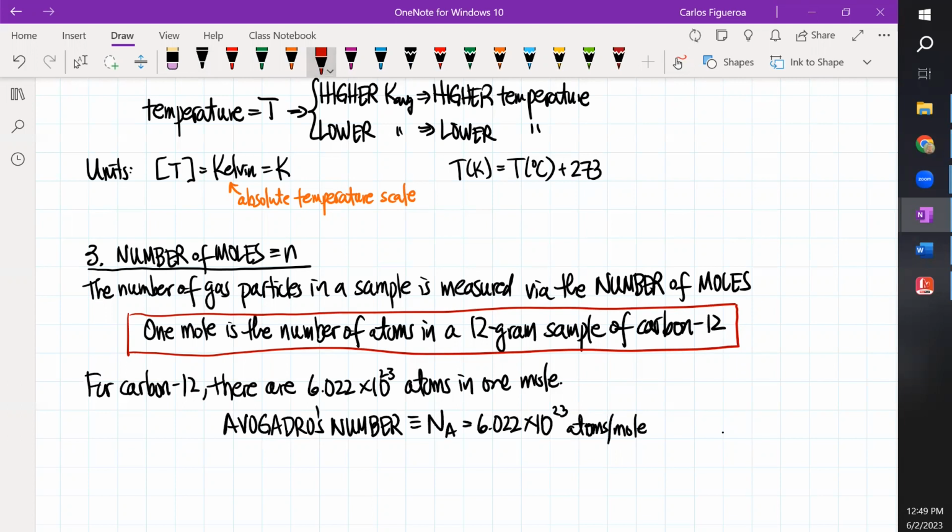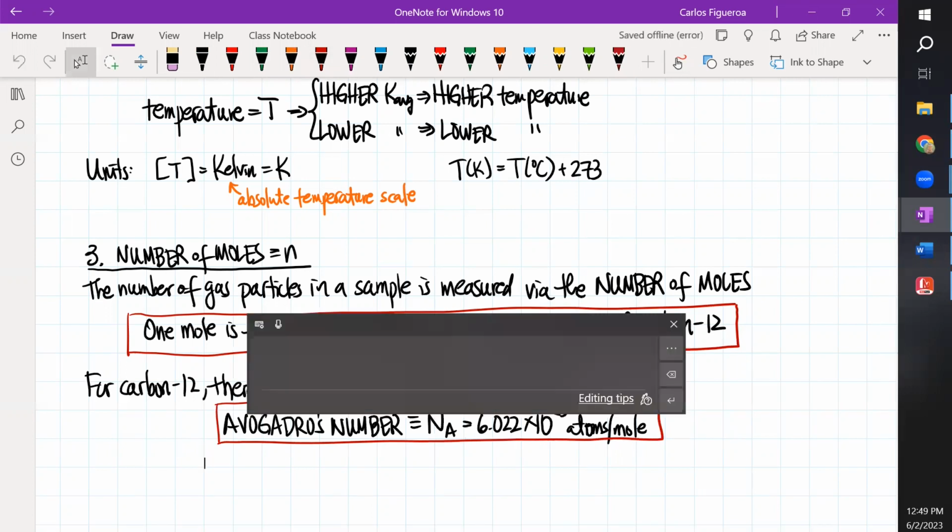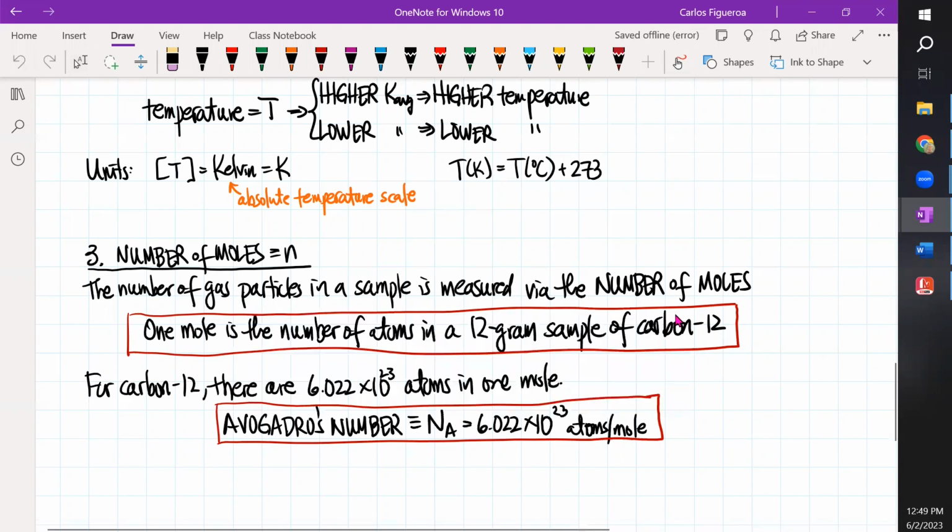So this number will continue to pop out while we study thermodynamics. And this is the SI unit, and this SI unit essentially tells us how much stuff is in a sample.